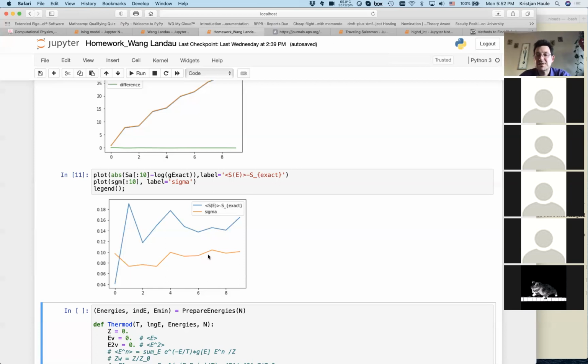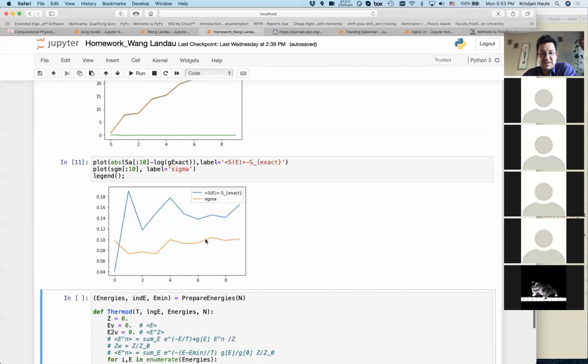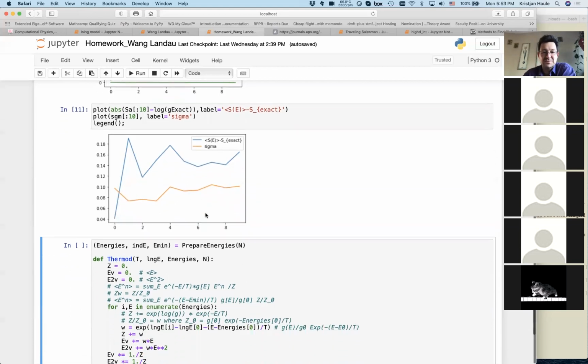So right now, our result is within 2 sigma, which is fine. It's more common that the two curves are on top of each other. And well, right now they're not, but that's okay. So when you check this, I expect you to see these curves to be of the similar order of magnitude, that's all.